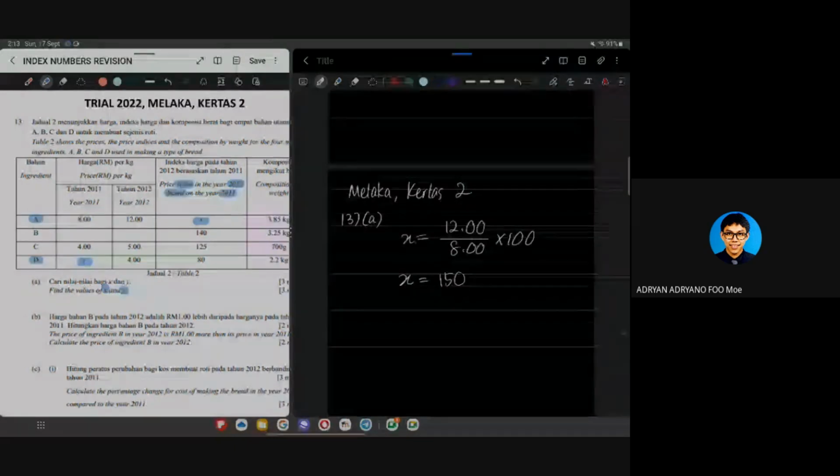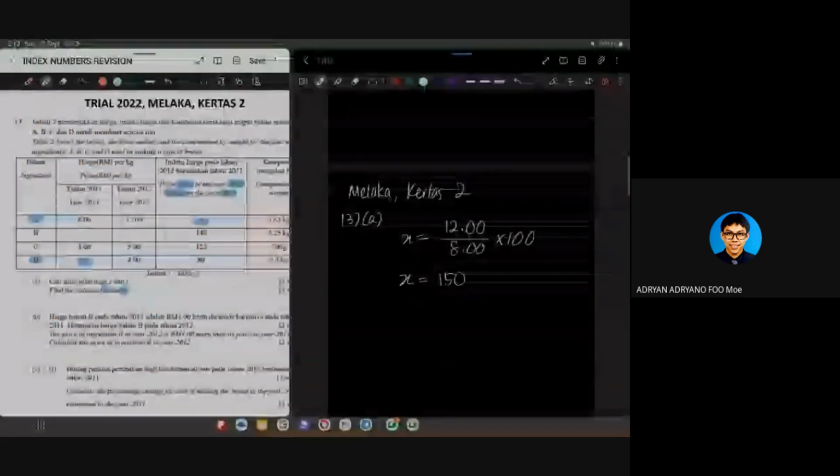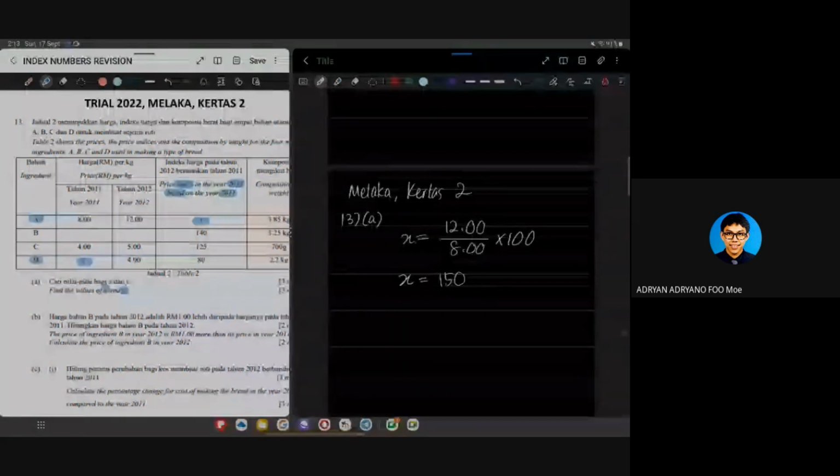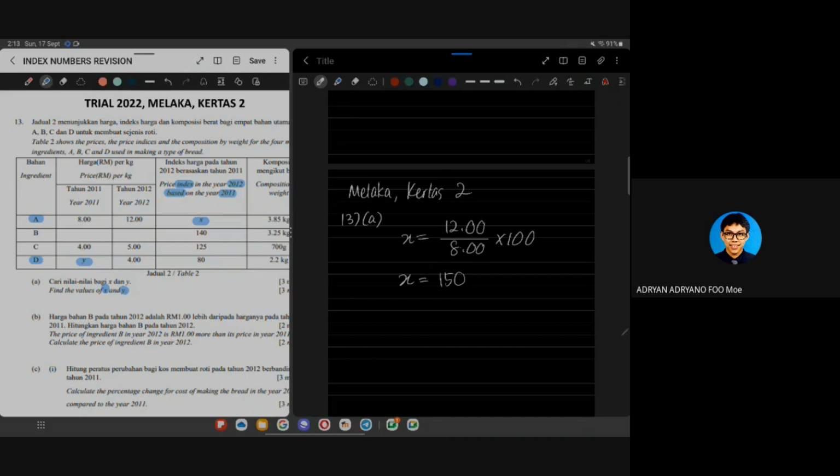Alright, X is solved, right? We already got X. Next, we solve for Y. Y now is ingredient D, so I only look at the D row. Same, you can use the ruler method. You can move the ruler to only see the D part and cover the A, B, C parts so that you don't confuse yourself.